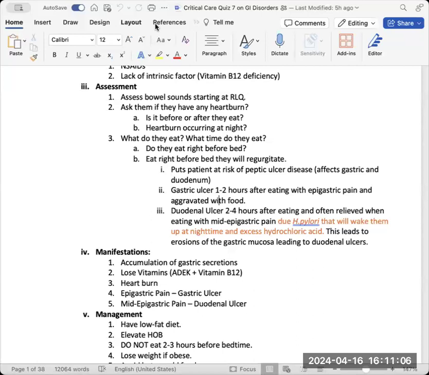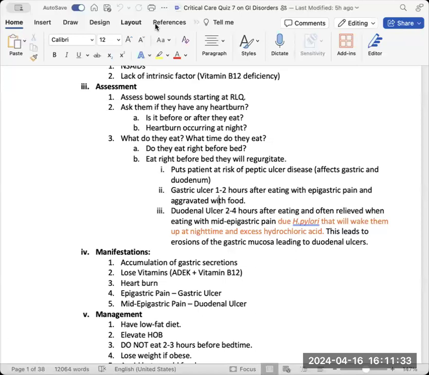Whereas duodenal ulcers, which are more associated with chronic gastritis, which is also associated with peptic ulcer disease, as we know, peptic ulcer disease commonly affects the duodenum. The pain is 2 to 4 hours after eating, and it's relieved when a patient eats. That's because when they're eating, the sphincter closes between the stomach and the duodenum.